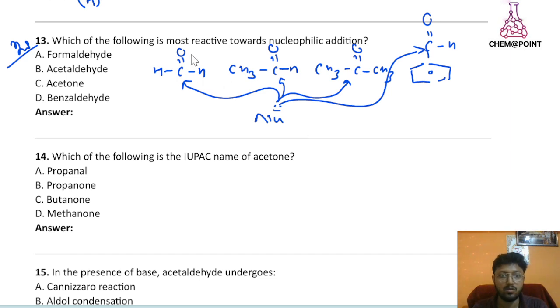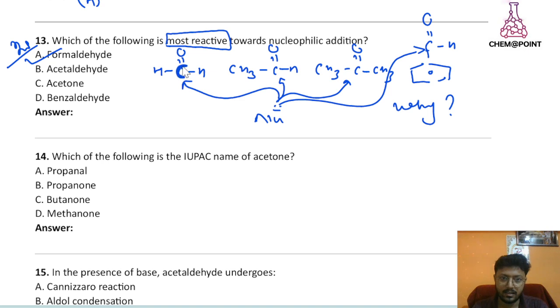But what does most reactive mean? Fast reaction. All four show the nucleophilic addition reaction, but which one reacts first? The answer is formaldehyde. Why? Formaldehyde is the most reactive toward nucleophilic addition reaction.